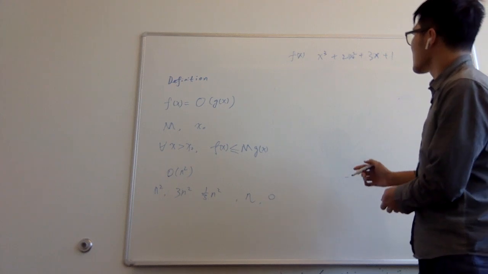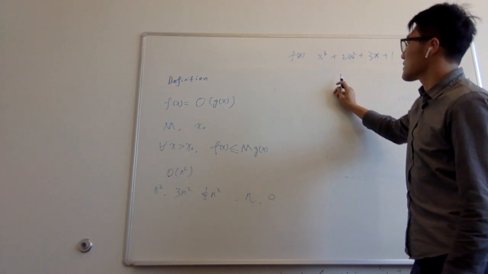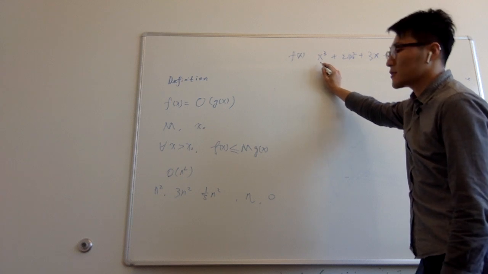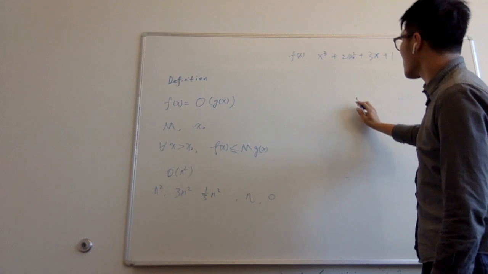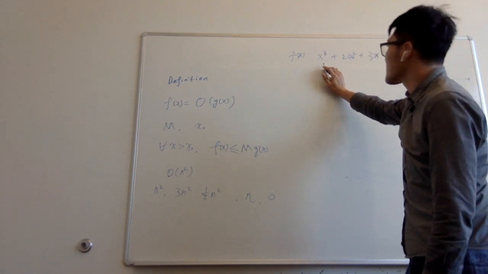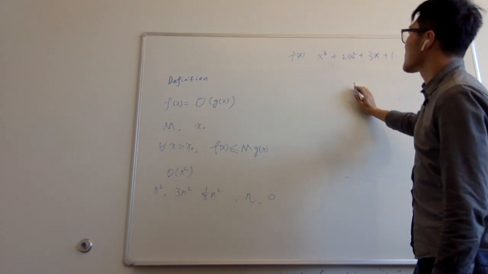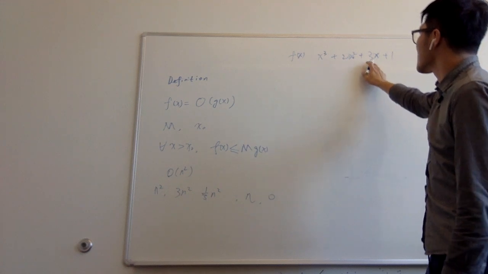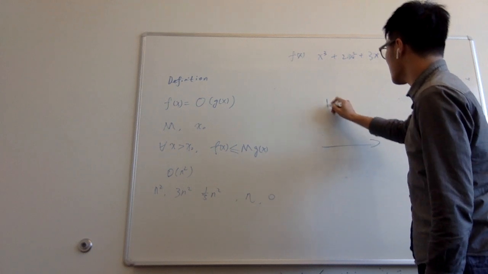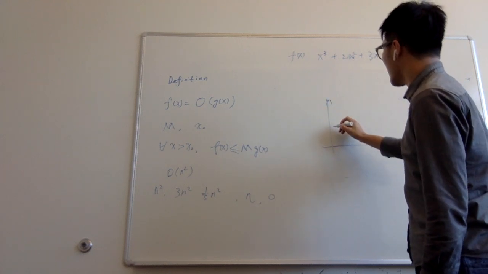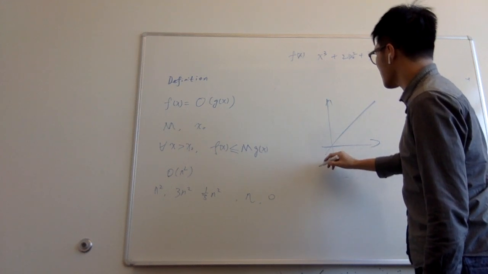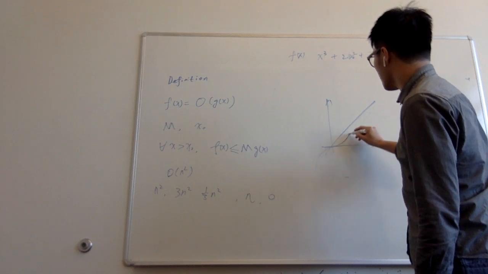To deal with this case here, we can see that the term with the highest exponent grows the fastest, no matter what the coefficient is. So even though this coefficient is 3, this still grows faster here, because if we plot it, 3x is something like this, but if it's x cubed, then it will be something like this.